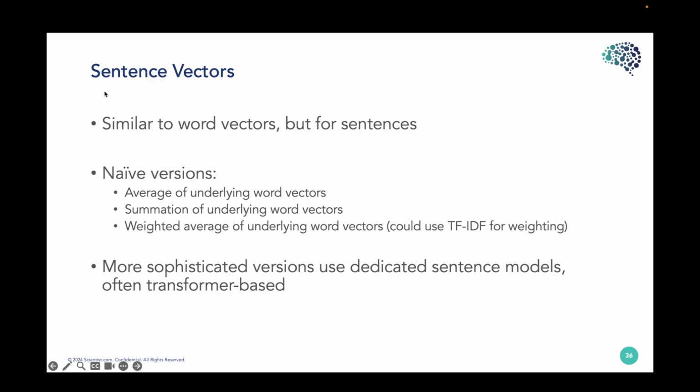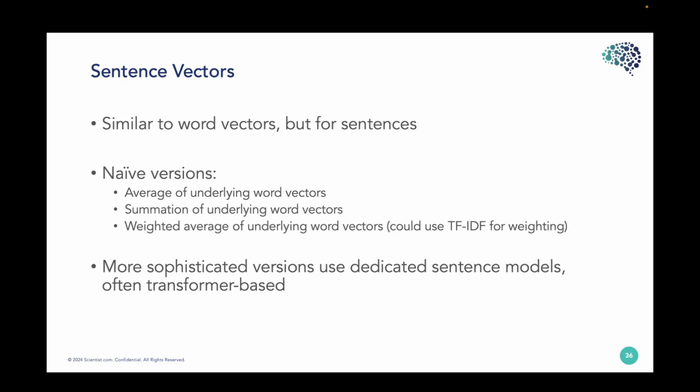There are some naive ways to create vectors for larger pieces of text. You can just average the underlying word vectors. You can take the sum of all of them, which is going to result in some big, longer vector. But basically, the endpoint of that vector would define your sentence vector. You can take the weighted average of the underlying vectors. These are all very naive ways of doing it.